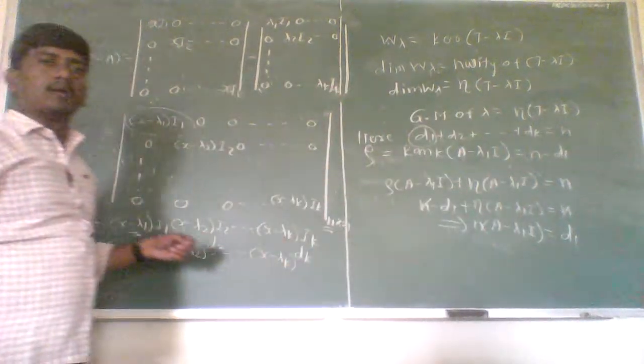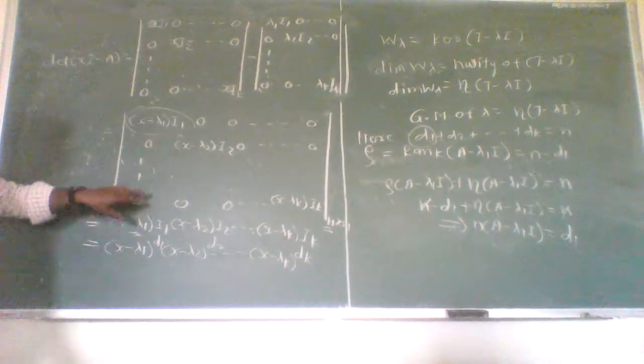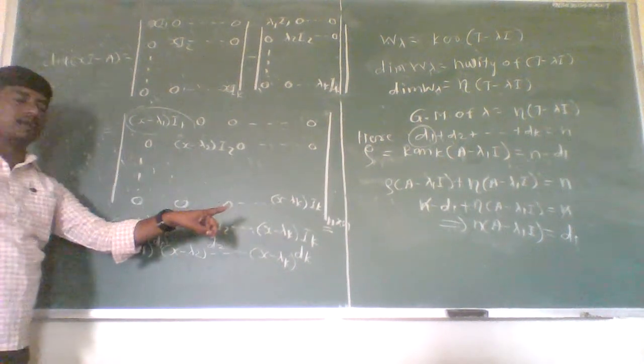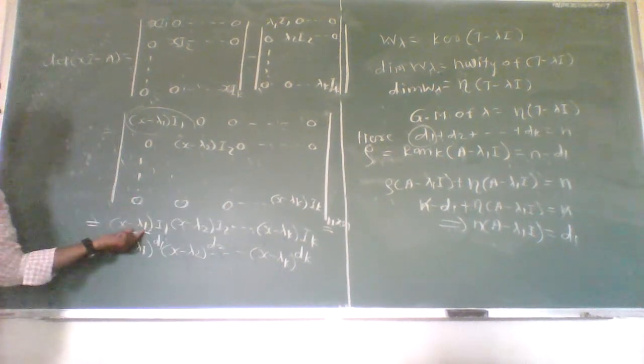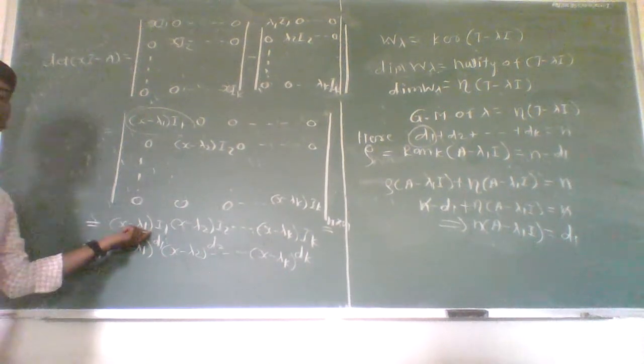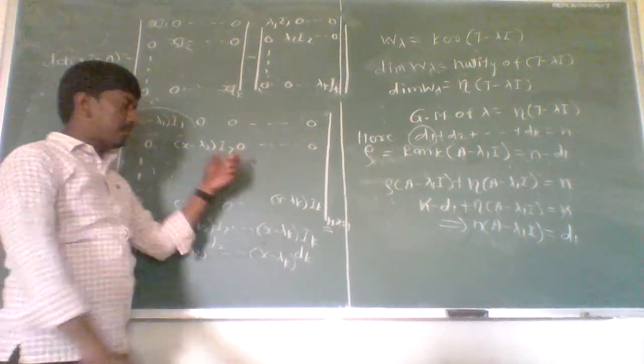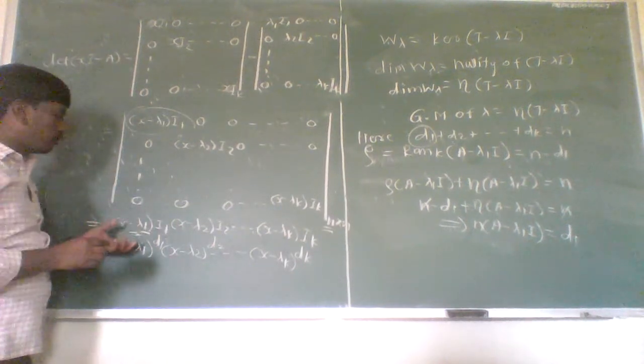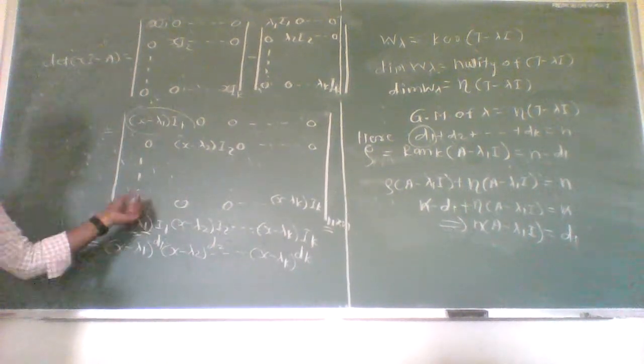But d1 is the algebraic multiplicity of eigenvalue lambda 1, since lambda 1 is repeated d1 times. What is algebraic multiplicity? The algebraic multiplicity of an eigenvalue is the number of times it appears in its characteristic polynomial as a root. So here lambda 1 is repeated d1 times.